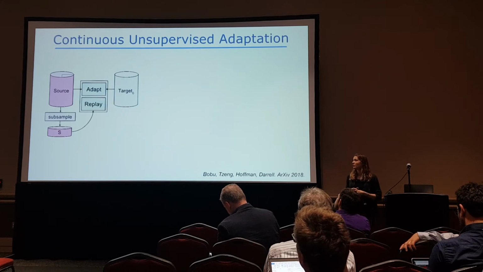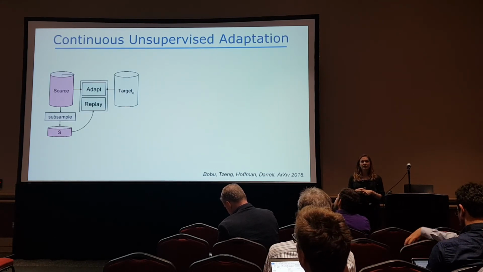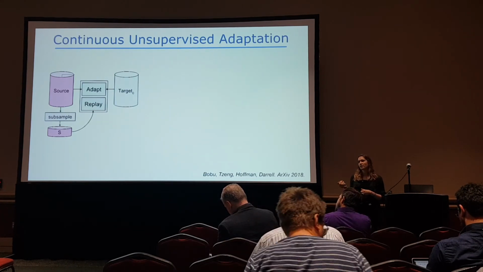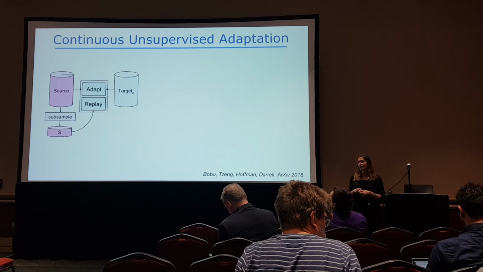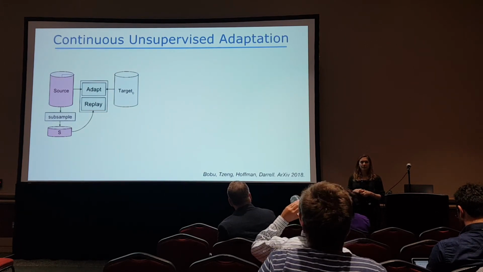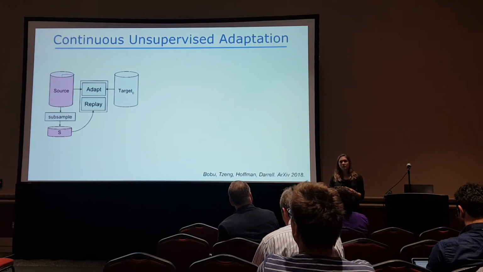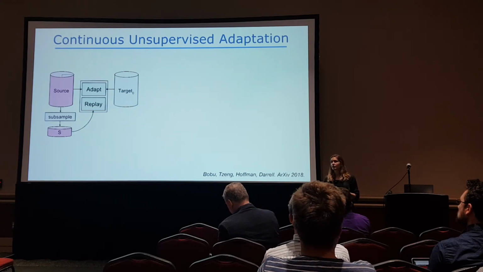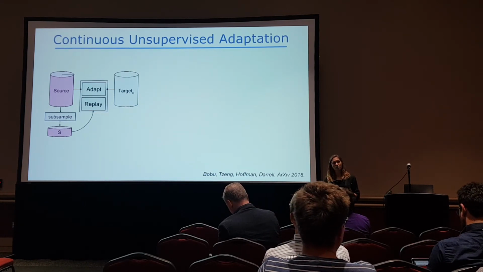And so to do that, we're going to keep a very small subsample of our prior experiences. And we're going to use what we call a replay loss, which is something that's done quite frequently in the DeepRL literature. In DeepRL, they have a pretty similar problem setup where your experiences come in a sequential and inherently correlated manner.